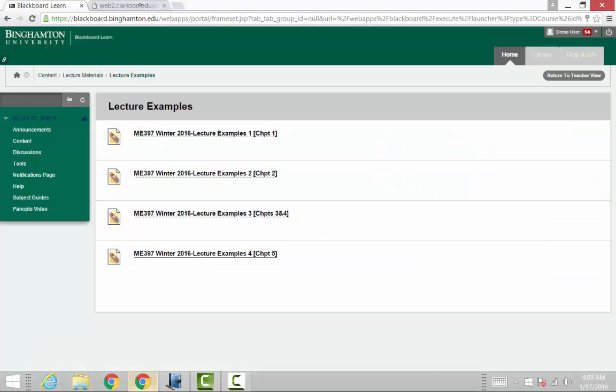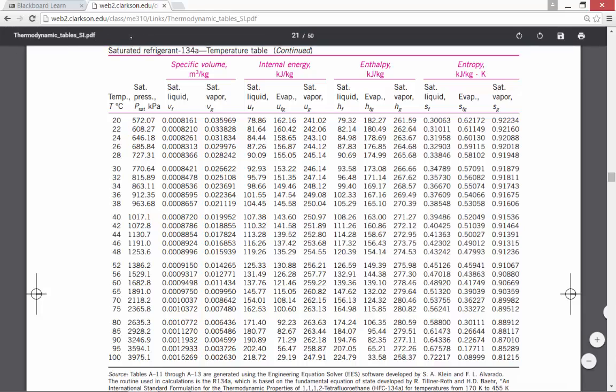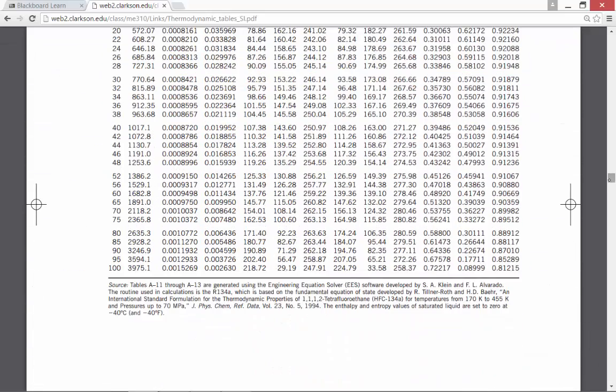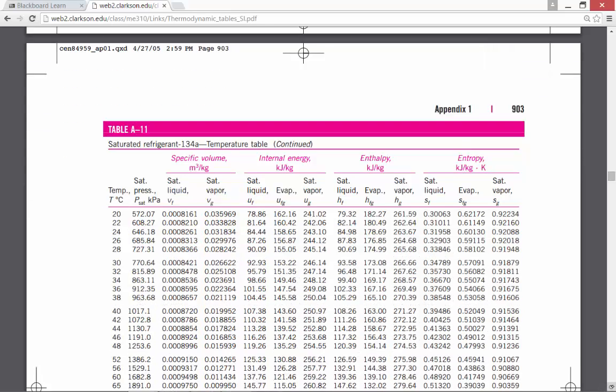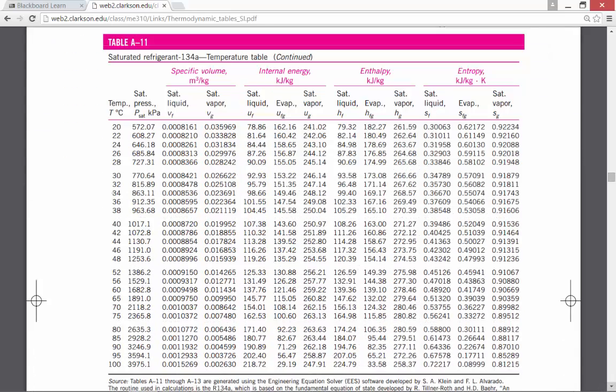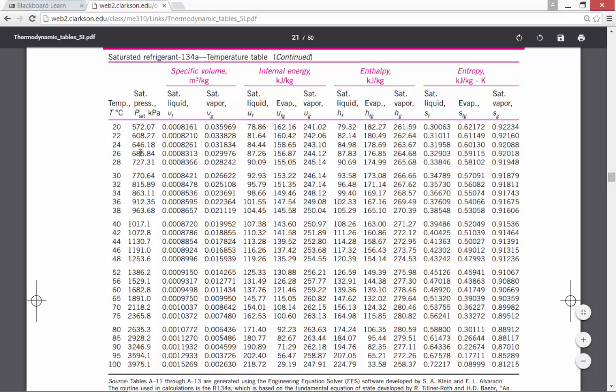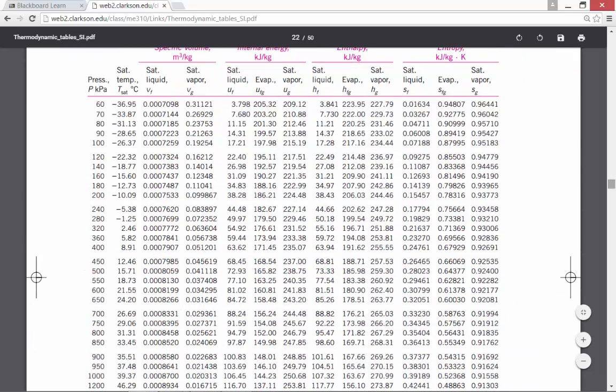In the tables here we have A11, which is the saturated properties at different temperatures, and then in the next table I have the same information at different pressures, right? So what do I have?